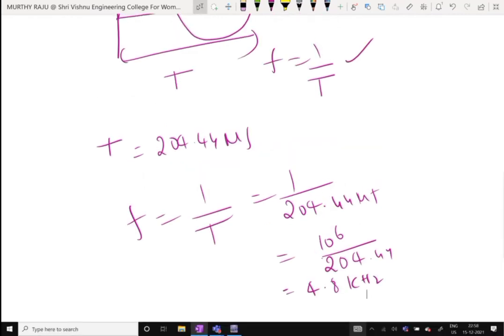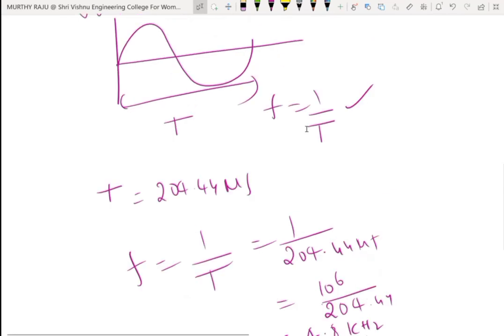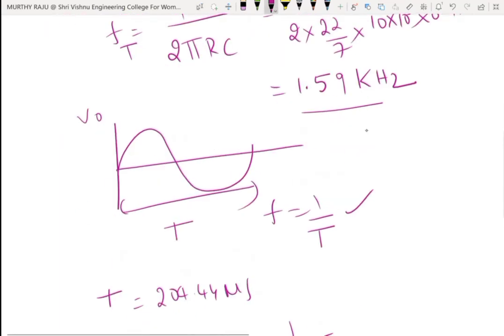But here the practical value is 1.5, while the theoretical value is 1.59 kilohertz.